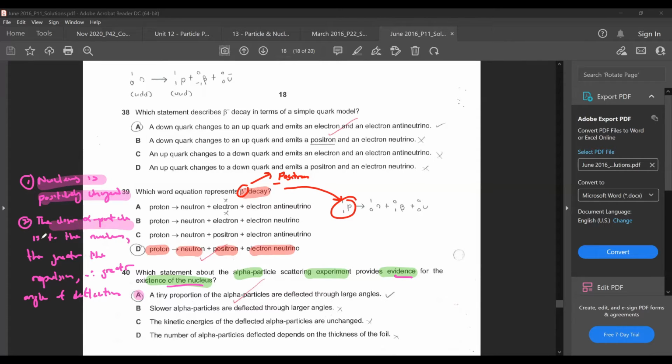The closer the alpha particle is to the nucleus, the greater the repulsion, therefore greater angle of deflection. So the one that tells you that is answer choice A.